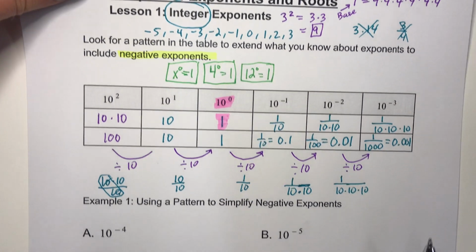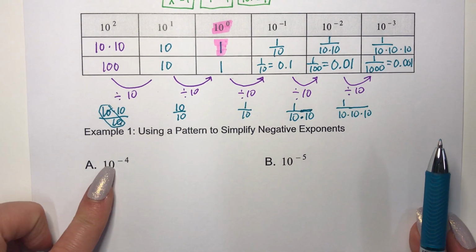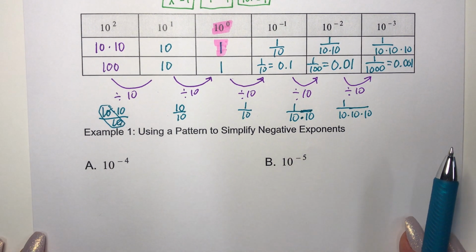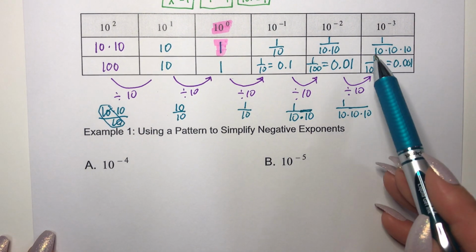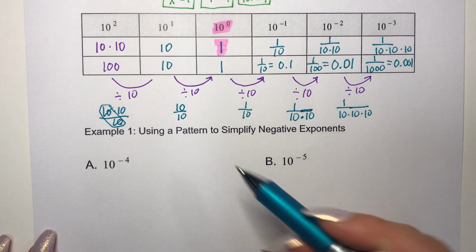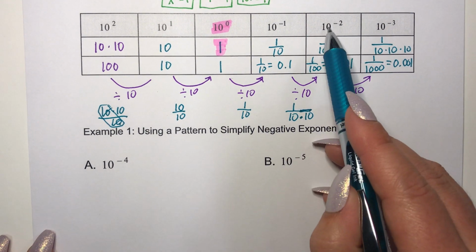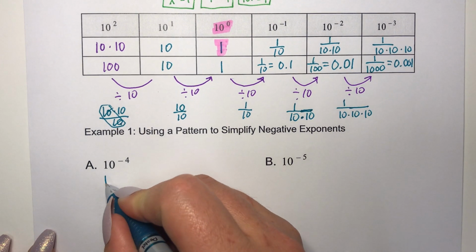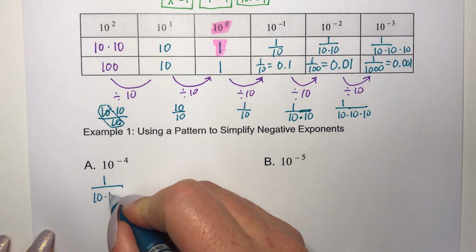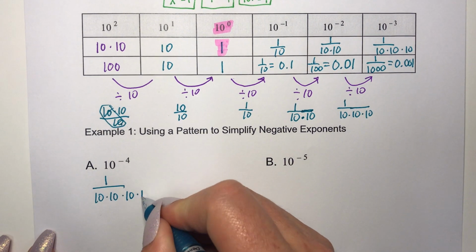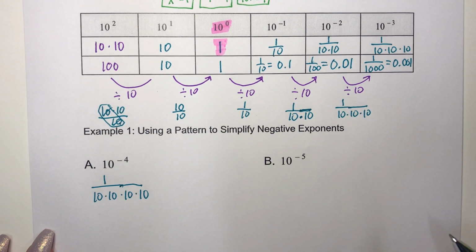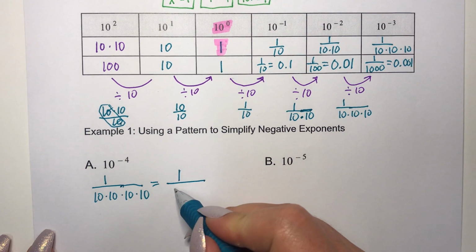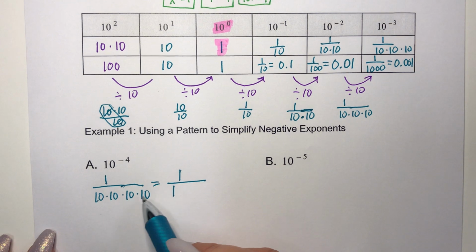So let's go ahead and look here. Using that pattern, when we get 10 to the negative 4th, what do you think is going to happen? Well, they're probably going to have 4 10s in the bottom, right? Because it's a negative, and it seems like when there's a negative, you put the 10s in the bottom. So this would be the same thing as 1 over 10 times 10 times 10 times 10, which is the same thing as 1 over, then you just write 1 and count up the zeros, 1, 2, 3, 4.